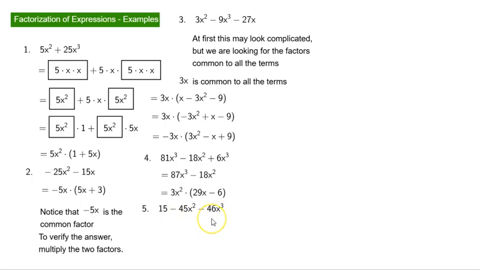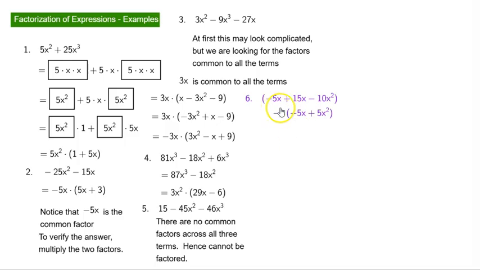Now what about the variables? Here you have x square, x cube. Here there is no x at all. Actually, we can look at it as x to the power of 0. But then that would become the common factor, and x to the power of 0 is nothing but 1, which doesn't really help much. So there are no common factors across all three terms, hence it cannot be factored.